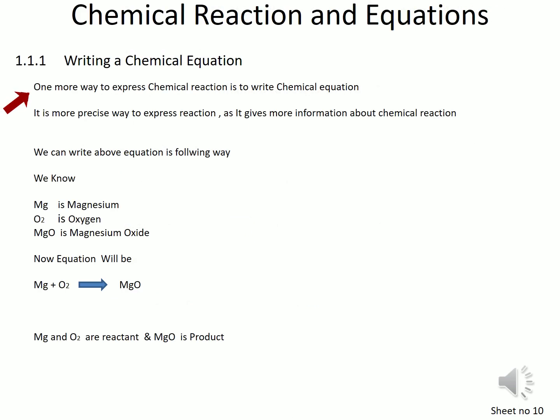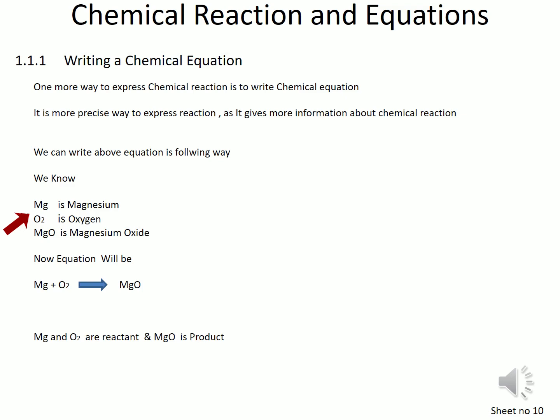One more way to express a chemical reaction is to write the chemical equation. It is a more precise way to express a reaction as it gives more information about the chemical reaction. So that is the best way to express a chemical reaction. Now we'll write the above equation in the following way.